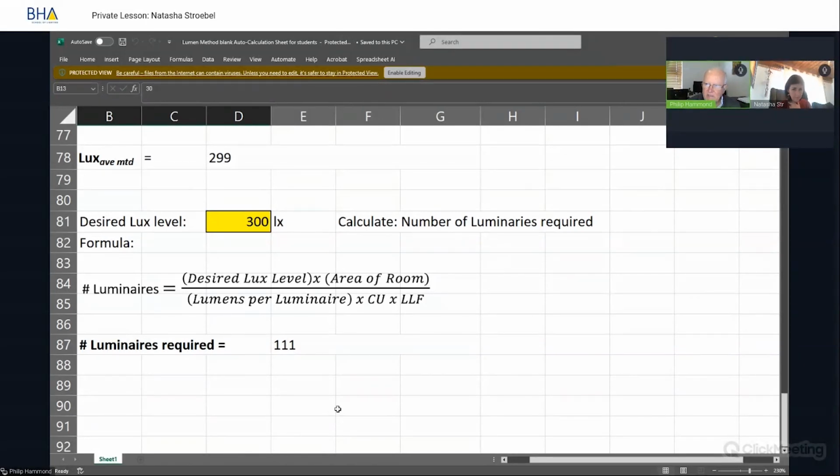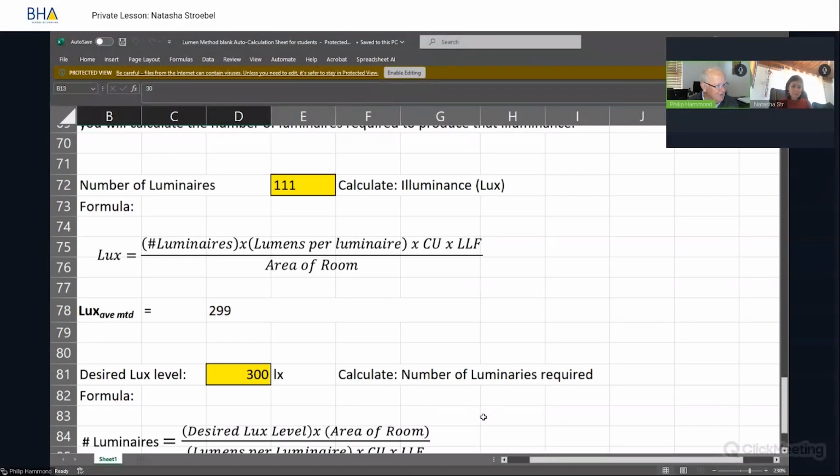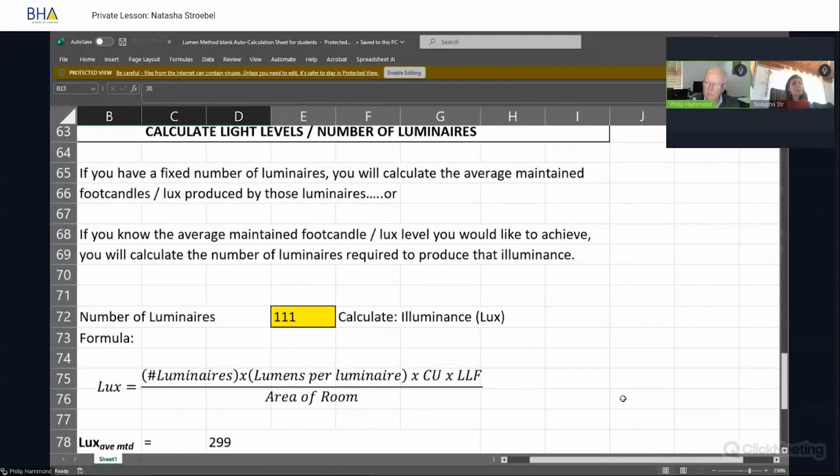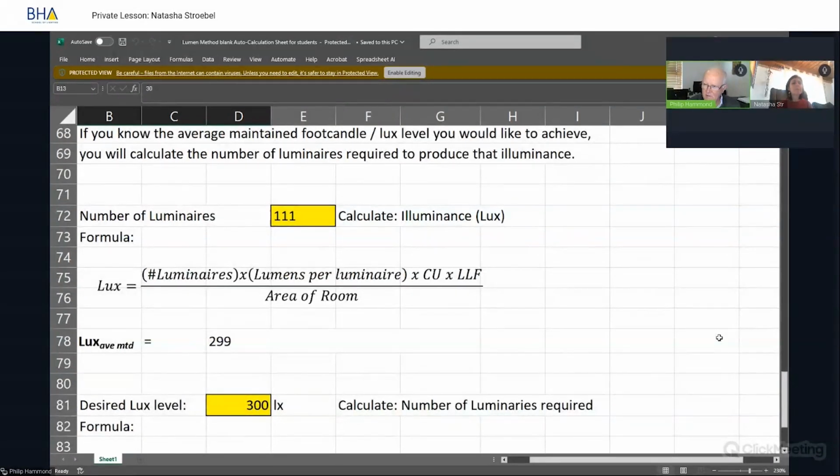It's pretty straightforward. But now you want to check, is my calculation correct? So you go back and say, well, I've worked it out to be 111 luminaires.